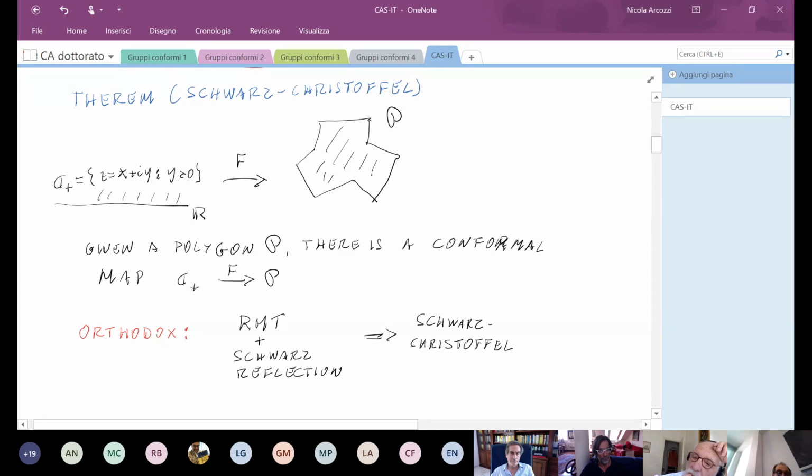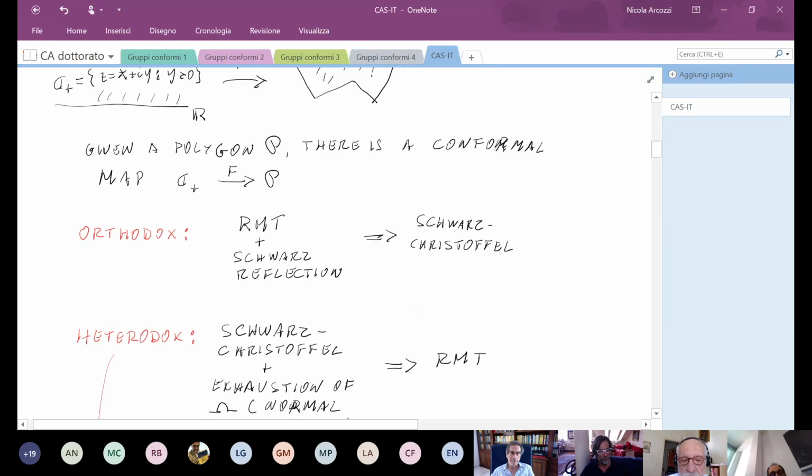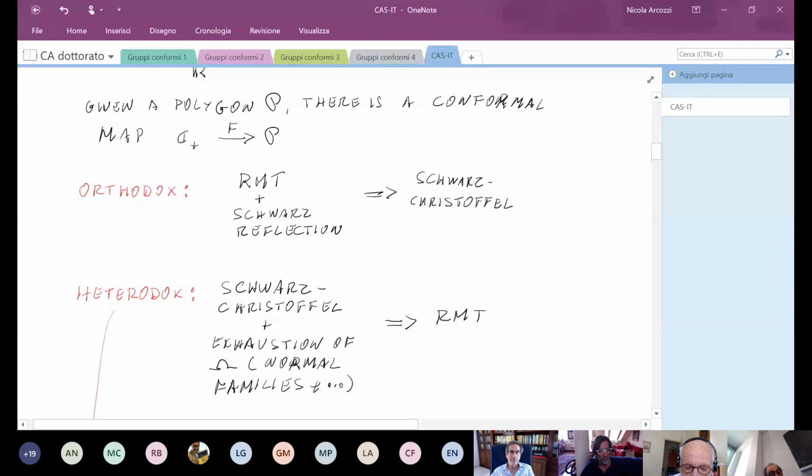The way we typically teach it, there is the orthodox way: first one proves the Riemann mapping theorem using this Koebe-Bieberbach argument.